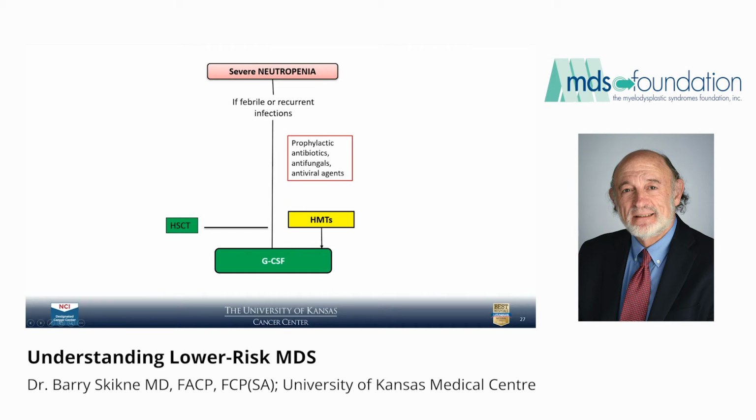And so one would usually use GCSF, Neupogen, for instance, to try and see if this will push up the neutrophil count. It doesn't often work for most patients, but there may be a small 10 to 20% of patients that may respond to the administration of GCSF.